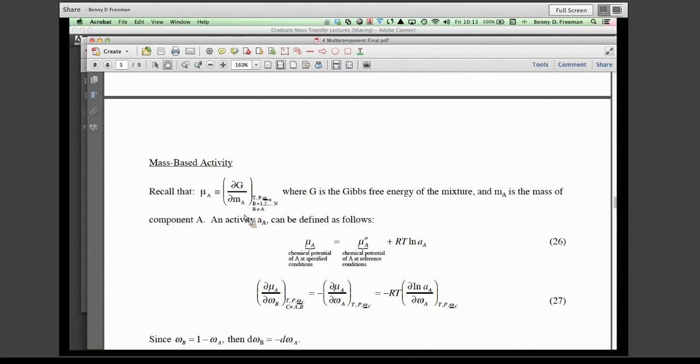And this is a little bit different from the chemical potential that you may have encountered in undergraduate thermodynamics, which is often defined on a molar basis, the change in the Gibbs free energy with respect to a change in the number of moles of component A. You can also write chemical potential on a mass basis, and so this is helpful in the case of mass transfer.